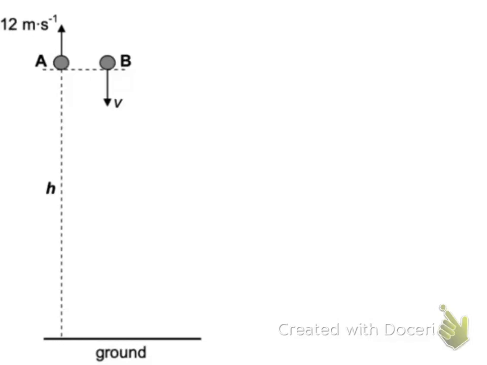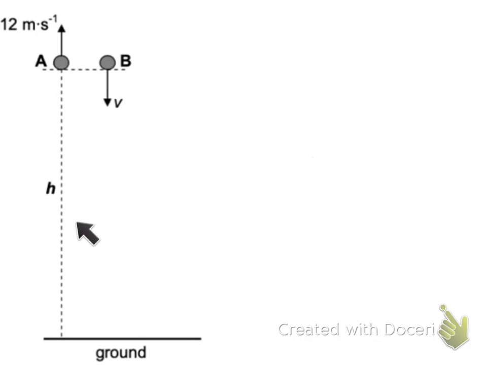Okay, so let's move on to number 1.3. Number 1.3, they want us to work out the height of the building that the person is tossing the stone from, or throwing the stone from upwards and downwards.